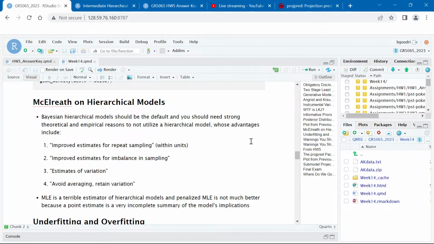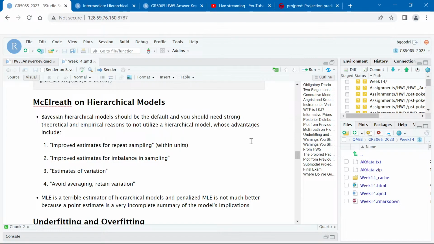You get improved estimates when you have multiple samples on the same big units. If some big units have more observations than others, the hierarchical model automatically adjusts to that, so you get more precision on the A and the B for groups with a lot of observations, and less precision for the A and the B for the small groups.